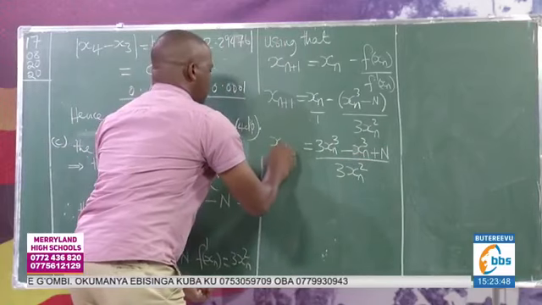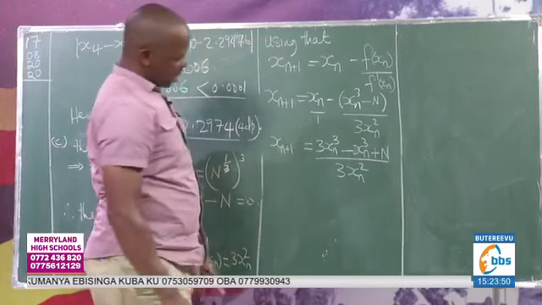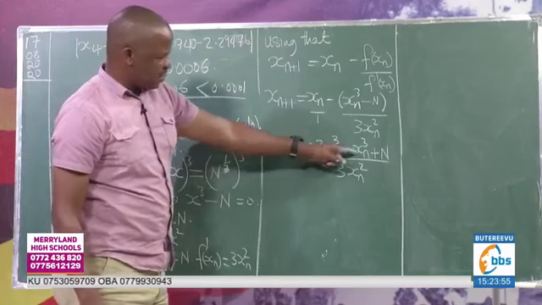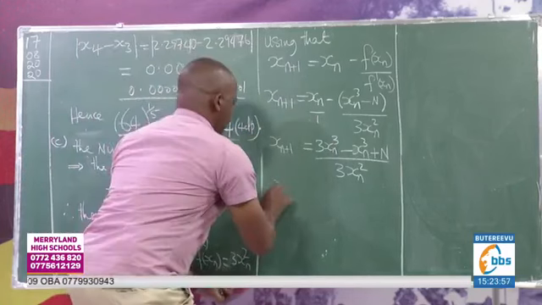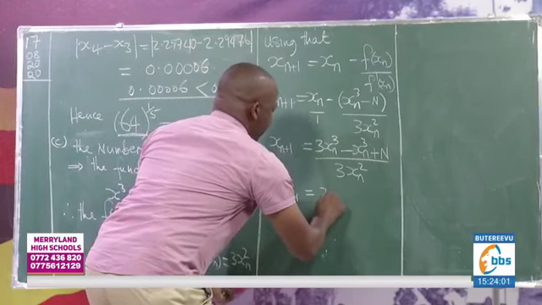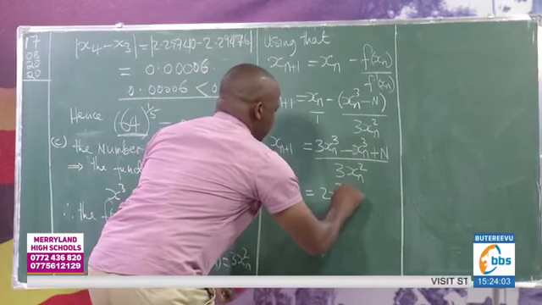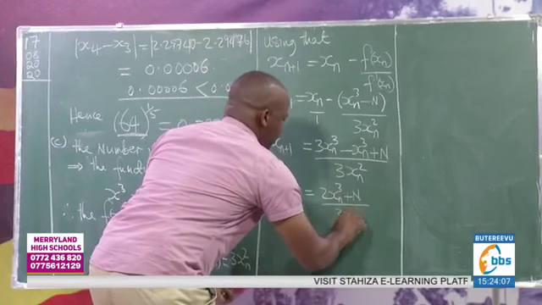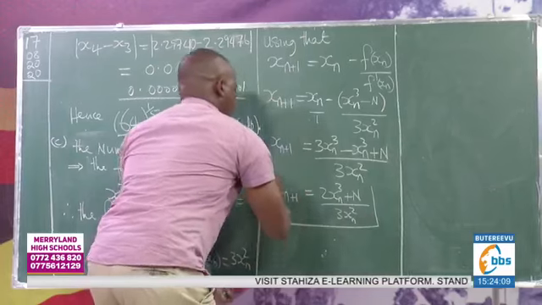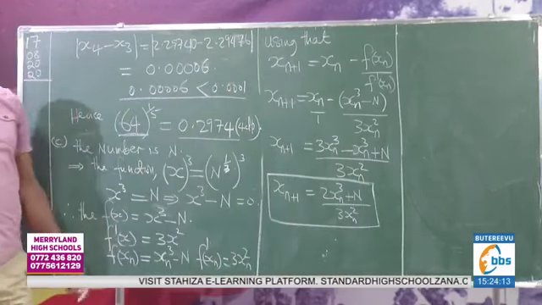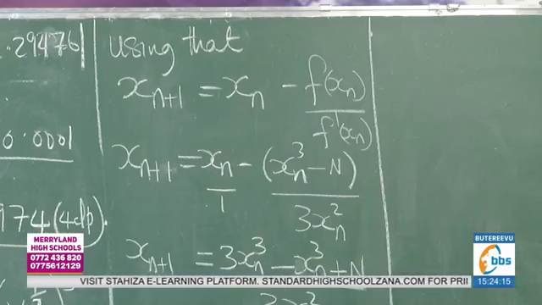So we have our xn plus 1 being equal to that. If we simplify 3xn cubed minus xn cubed, we shall get finally the expression 2xn cubed plus n all over 3xn squared as the expected formula, that is the Newton-Raphson formula.